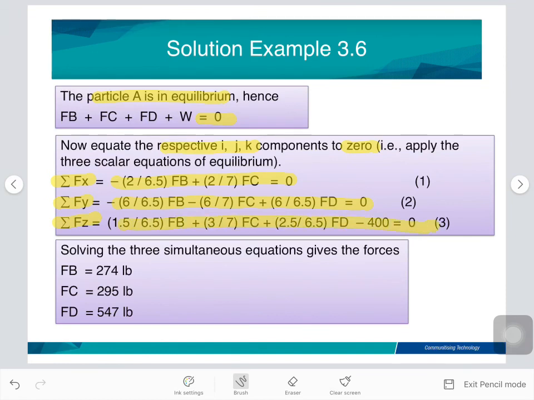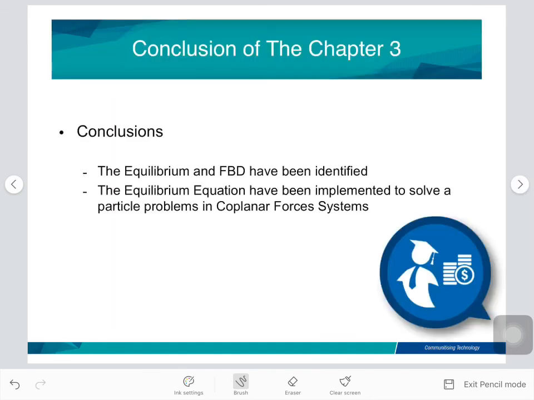So you must remember, don't forget this W. Then you can solve that by using your calculator. This is your FB, FC and FD. Maybe in tutorial class, I will show you how to solve the 3 unknowns or 2 unknowns by using the calculator.